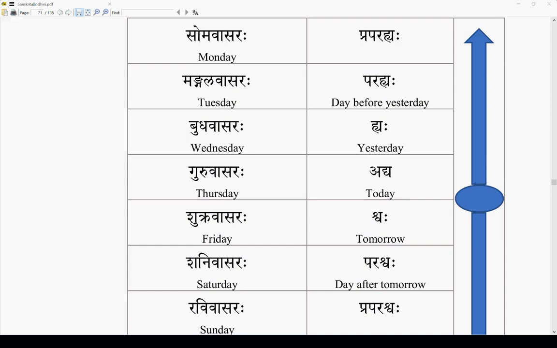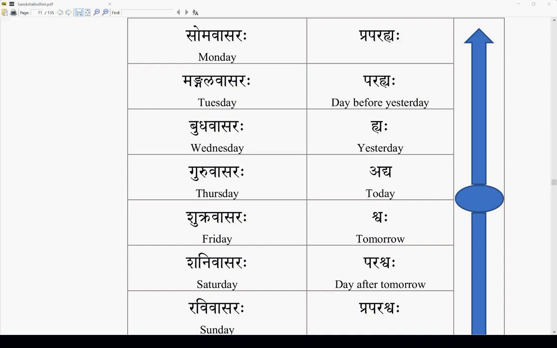Andaja, that is another. Anda means what? Egg. And Ja means which is born. The short form of Janma is Ja. Andaja, which is born out of egg. So that could be anything born out of egg actually.